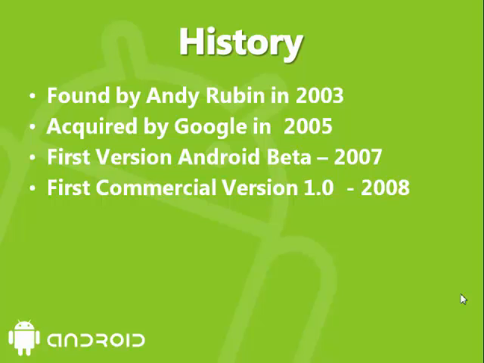The first commercial version, Android 1.0, was released in September 2008. Android is under control of Open Handset Alliance, led by Google and other companies, and it has seen a number of updates to its base operating system since its initial release.